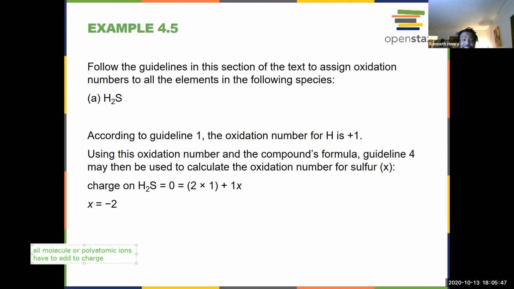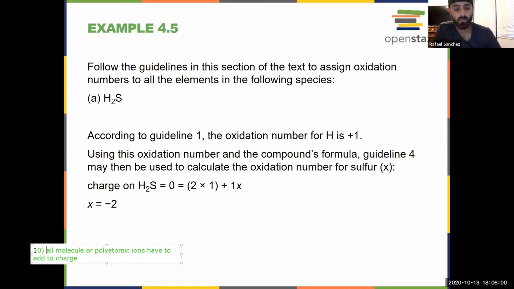So if the molecule has a 0 charge overall, what does the charge have to add up to? And that's the 10th rule.